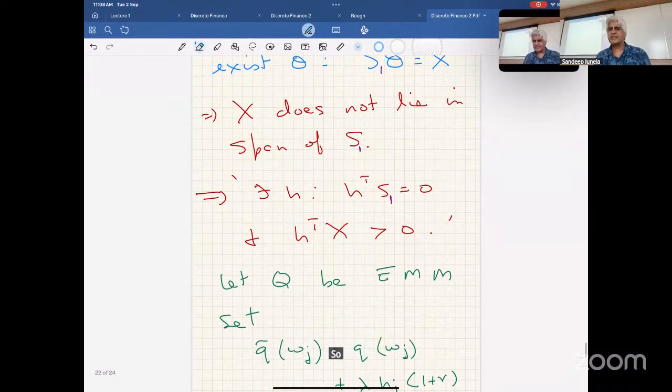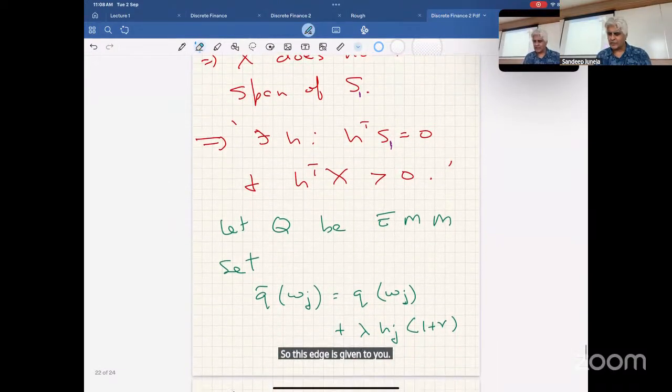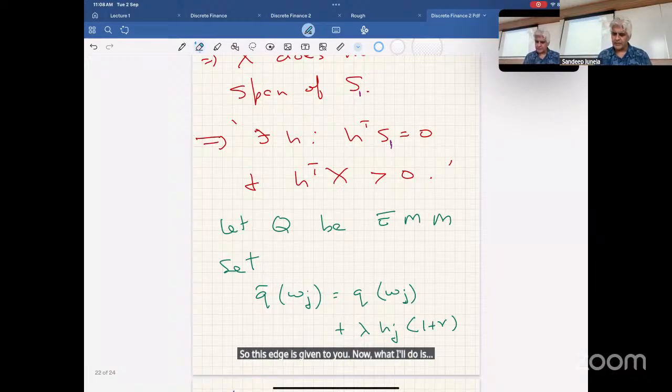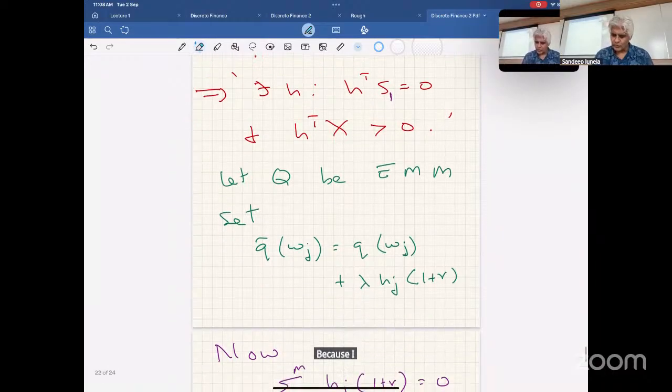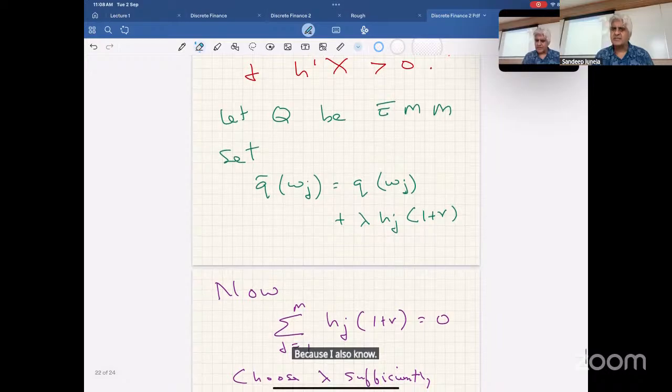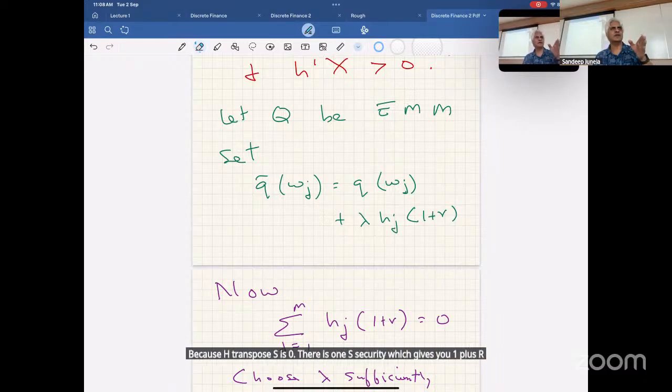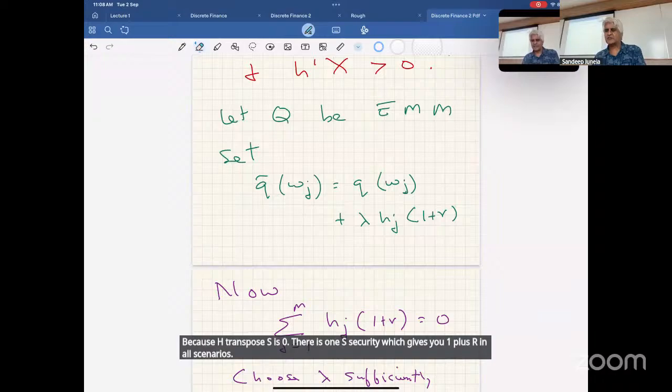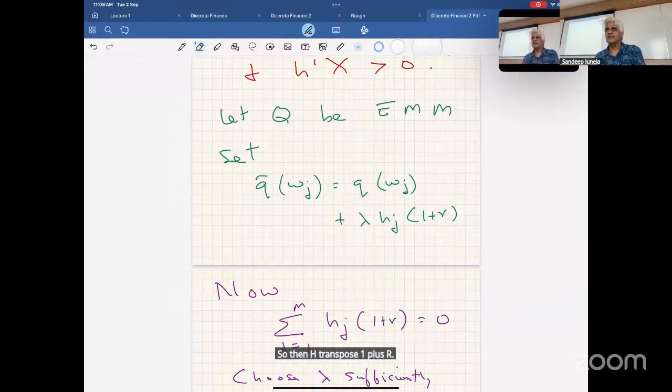So this H is given to you. I also know that the summation of Hj is 0. Because H transpose S is 0, and there is one security which gives you 1 plus R in all scenarios, H transpose the vector of 1 plus R is 0. So the summation of Hj is equal to 0.